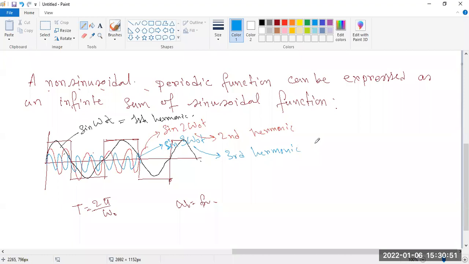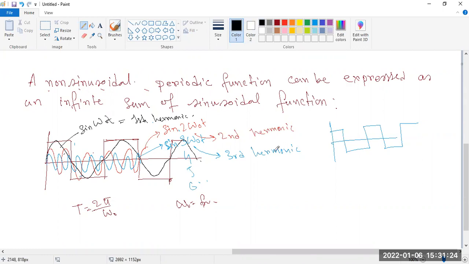So this square wave, as per the Fourier series, can be represented by sinusoidal signals, but it is an infinite summation of these harmonics. You can do this by one, by two, by three, and go for four, five, six, seven, eight, infinite harmonics. So this is called the Fourier series.